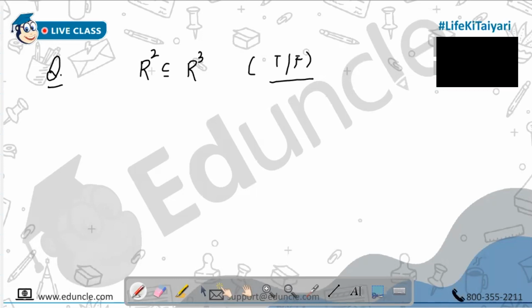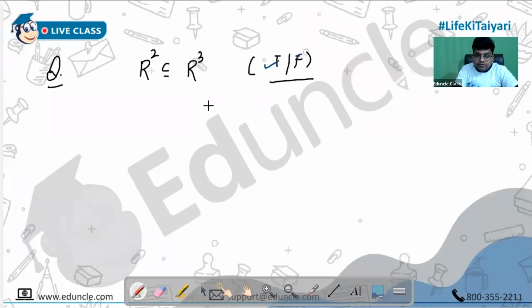So this is not a subspace. Many students will say, sir, this is a subspace, but I am saying this is not a subspace. Why is this not a subspace, students? Because you must know the operations in R square and R cube.